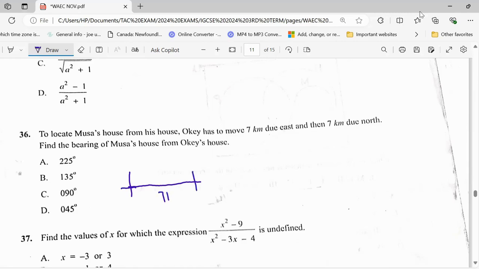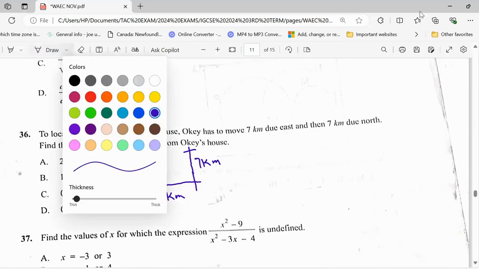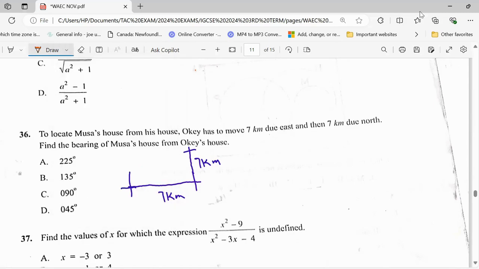So this is 7 kilometers. You move again due north, another 7 kilometers. Then from there, you can go back to this. So this is Ok, and this is Musa.